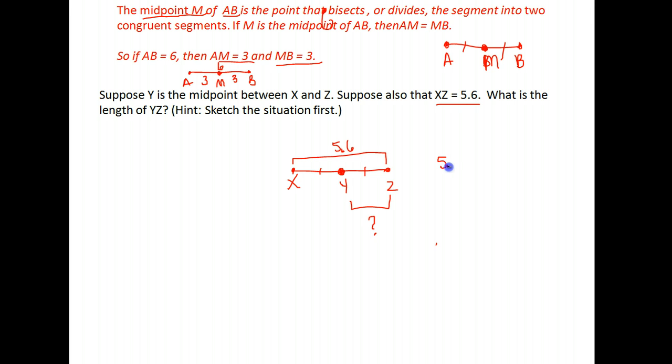So we're going to take our 5.6 and divide it by 2 so that we know what the size of each of the two equal parts will be. And we get 2.8. So this is divided into two segments, length 2.8 and 2.8. So our answer to this question is that YZ is equal to 2.8.